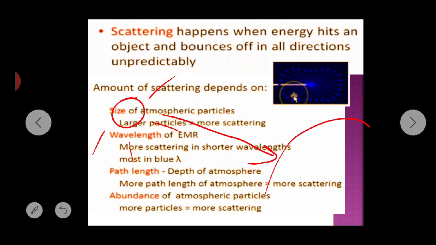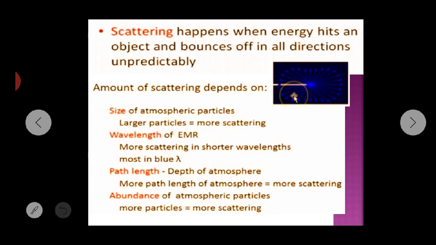The more the path length, meaning the distance between earth and the sun is more, the more the scattering. If the distance between the sun and earth is less, then there is lesser scattering. So these are all the different elements on which the amount of scattering depends.